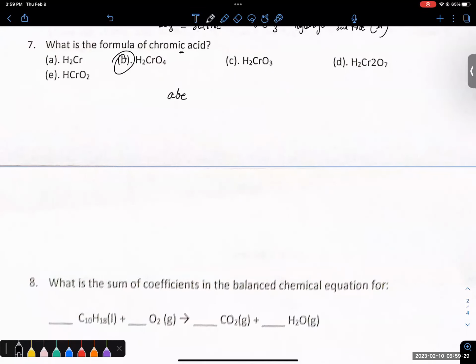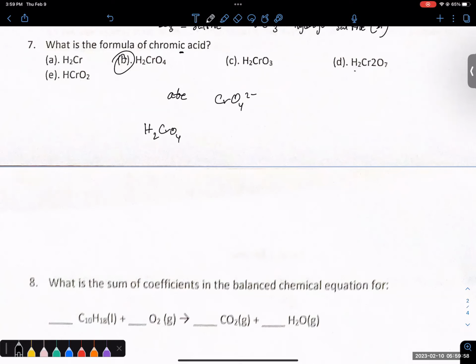The ic comes from the ate in the polyatomic ion name. This one specifically is chromate, CrO4 2-. Since the acid needs to be neutral, you need 2 hydrogens to balance it out. So H2CrO4 is the answer.